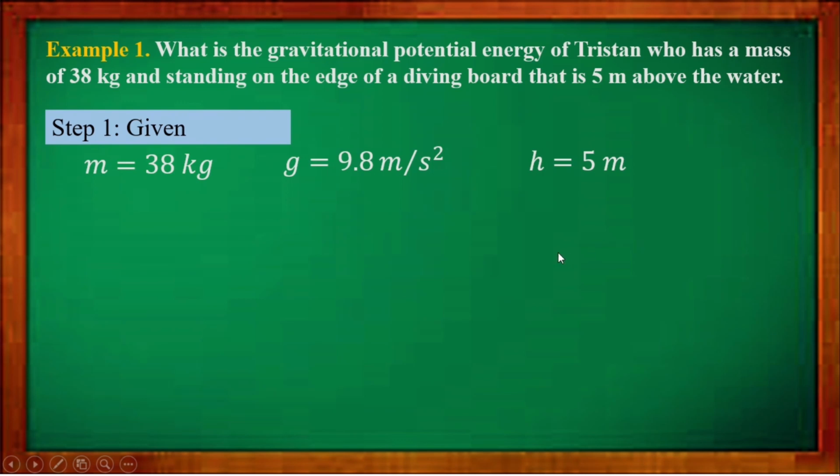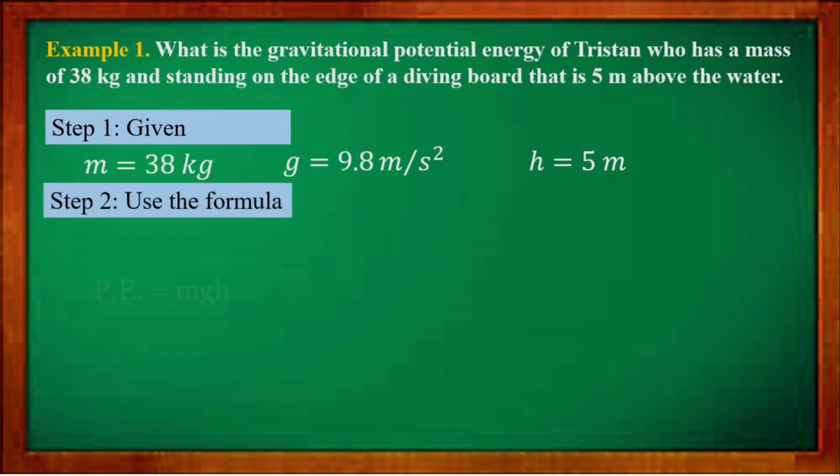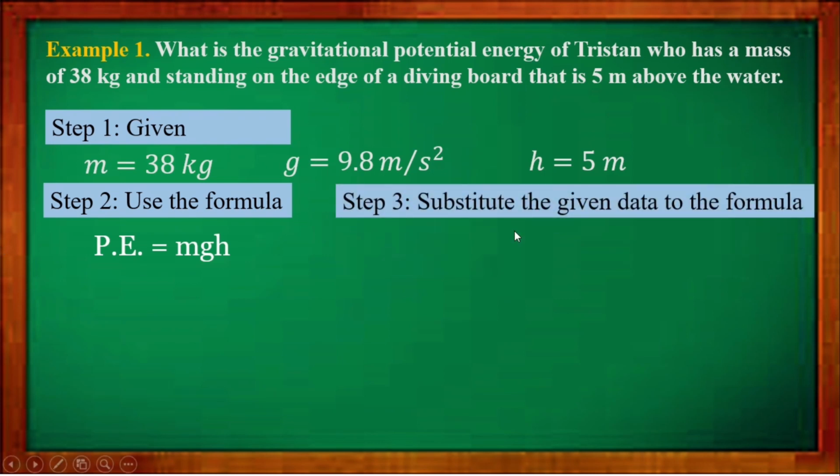After identifying the given values, we can now rewrite the formula on getting the value of gravitational potential energy, which is PE equals M, or our mass, times G, the magnitude, times H, which is our height. Step 3, after identifying the given values and rewriting the formula, is all about substituting all those identified values in our formula.